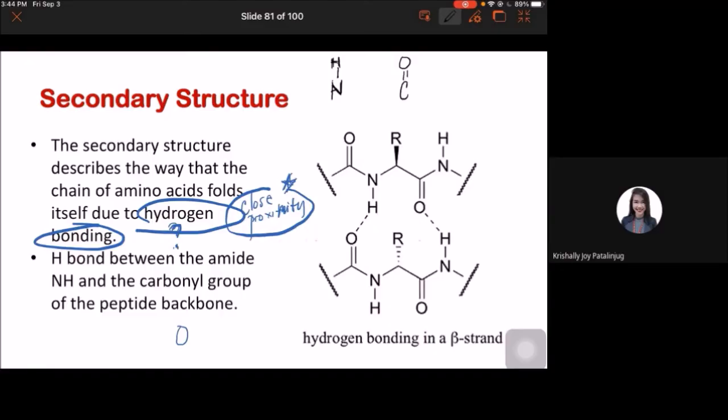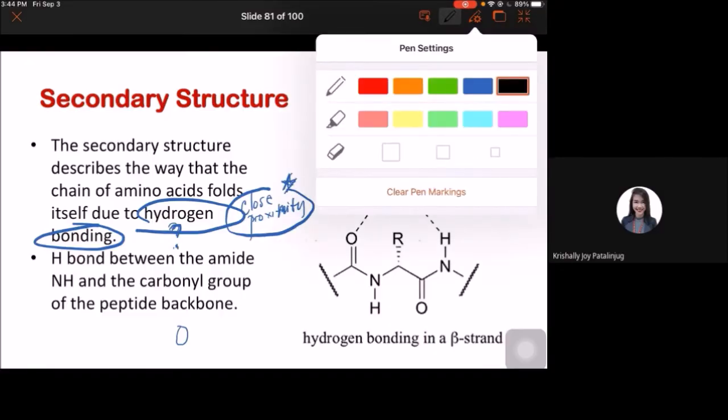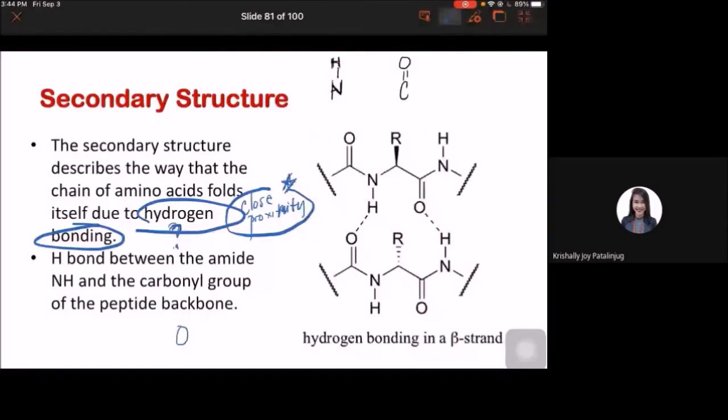For example, let me draw here the amide NH. Say that is the amide NH of one residue. Any residue, any amino acid, has an amide nitrogen NH. Amide NH.